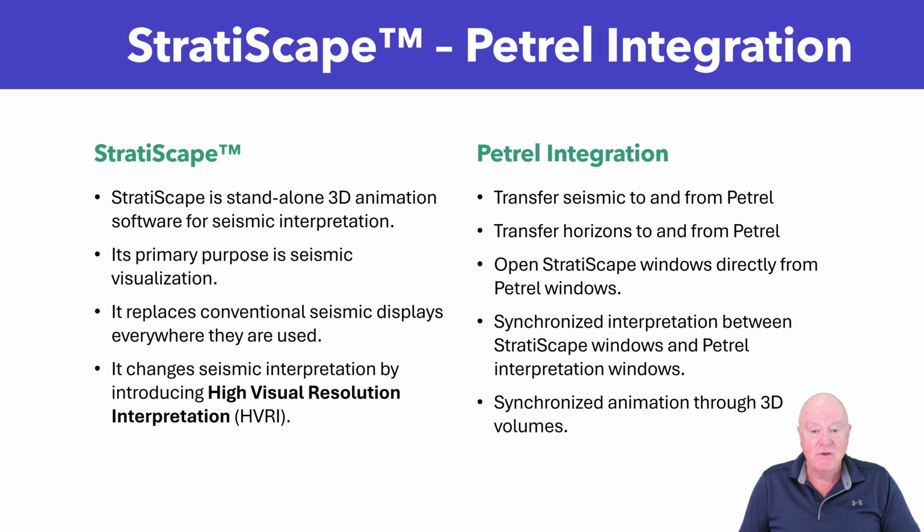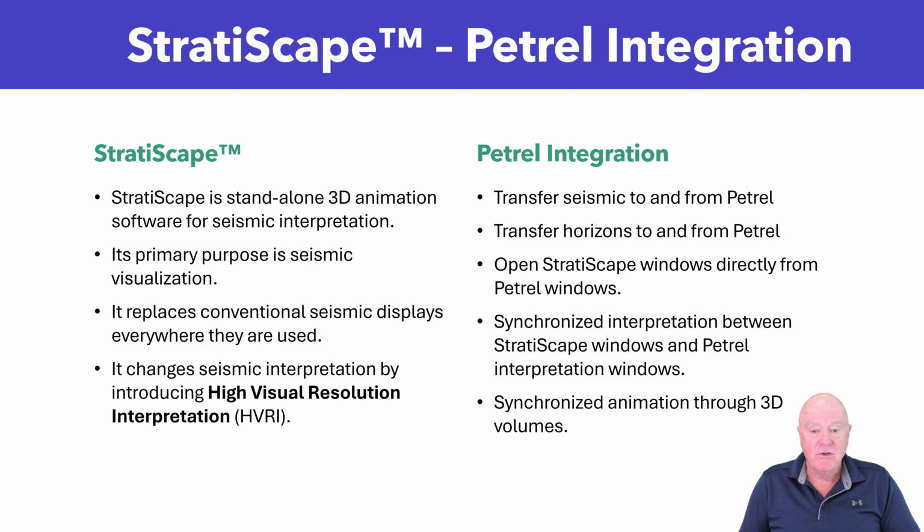High visual resolution interpretation answers the technical question, how do we see every subtle subsurface detail in our seismic? Getting access to those details solves the practical problems that, first, our drilling success rate is too low. Second, we aren't drilling enough wells. HVRI is based on StratiScape displays, so for the following few slides, let's look at StratiScape displays in more detail.